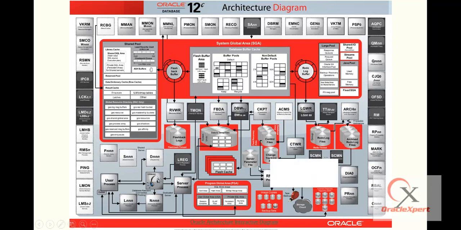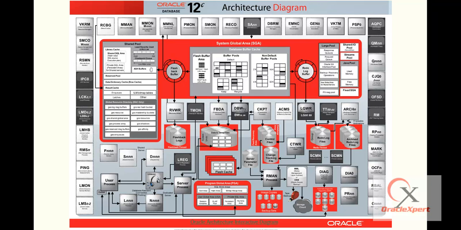You have CTWR, the change tracking writer. It tracks change data blocks as part of Recovery Manager block change tracking feature. The purpose is to enable fast incremental backups of your database without having a need to scan all the blocks from the Oracle data files.